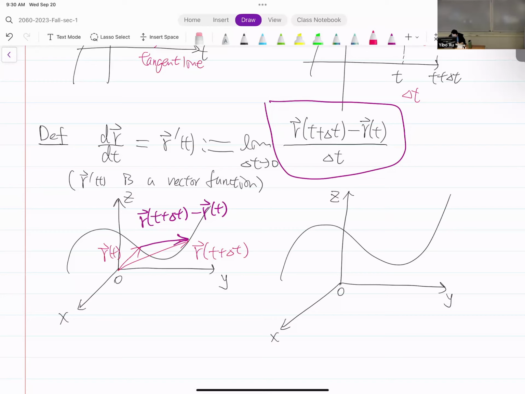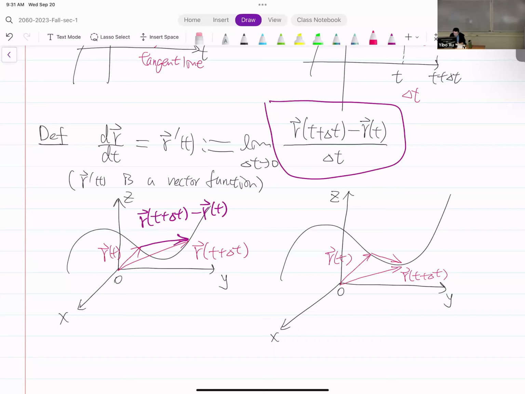So one vector of t, the other one vector of t plus delta t. So we just had a difference, which is this, but that's the secant vector. So this is the change in output.